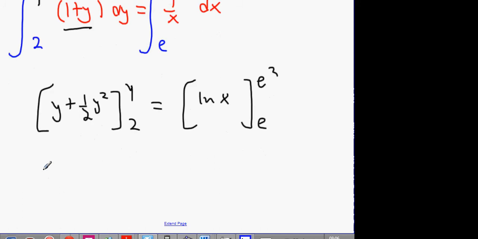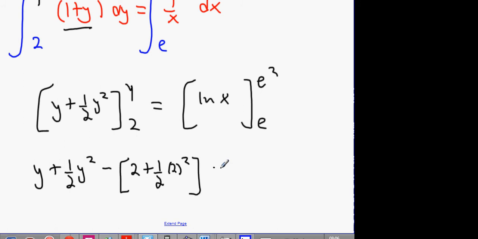Let's integrate. We're going to get y plus a half y squared, and then we're also going to get minus brackets 2 plus a half 2 squared. And then we're going to get ln e squared minus ln e.